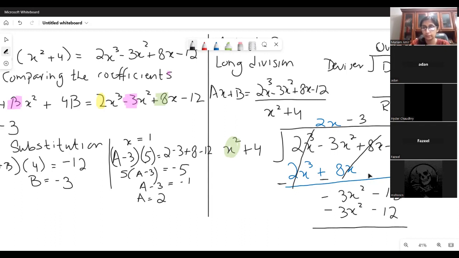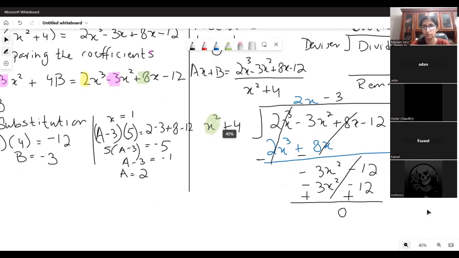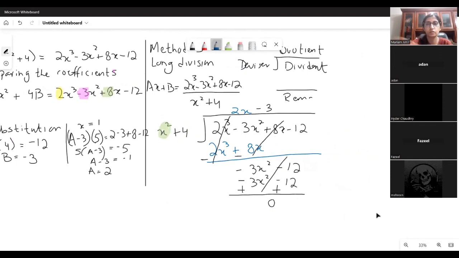Change the signs, and we get 0 as remainder. The remainder is not always 0, but in this question it is 0. So the answer of the division is 2x minus 3, which equals ax plus b. So a comes out to be 2 and b comes out to be minus 3.